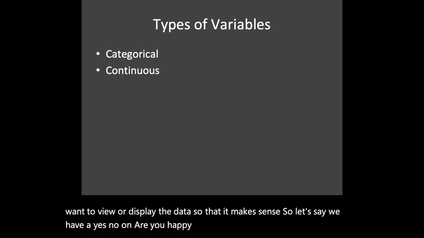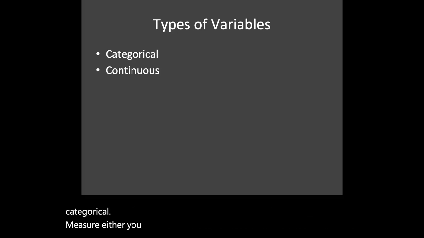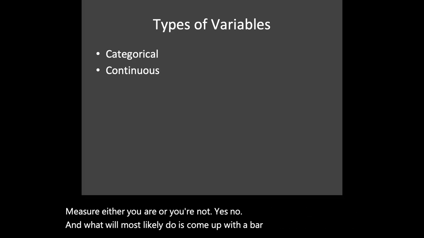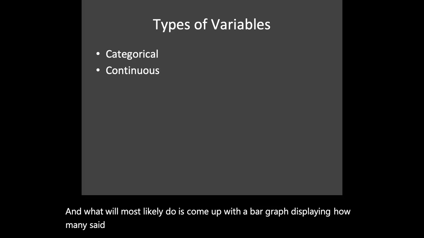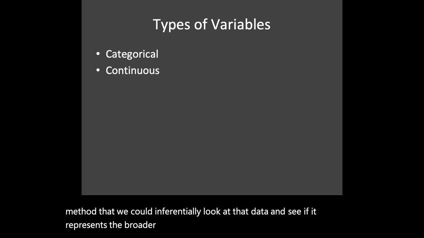Okay, we've turned that into a categorical measure. Either you are or you're not, yes, no. And what we'll most likely do is come up with a bar graph displaying how many said yes, how many said no. And then there is a non-parametric method that we could use to inferentially look at that data and see if it represents the broader population. Okay.